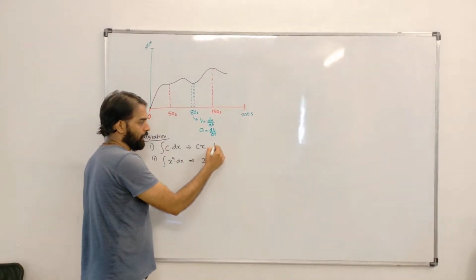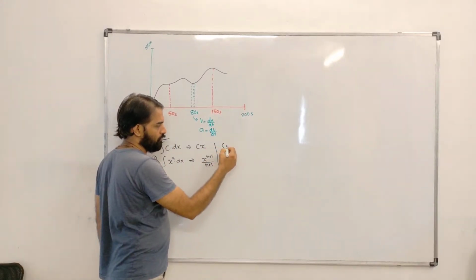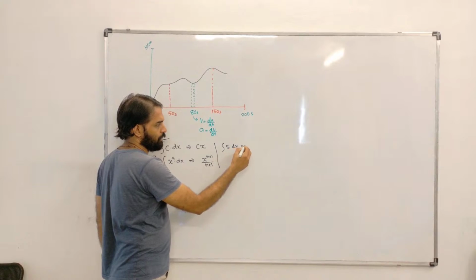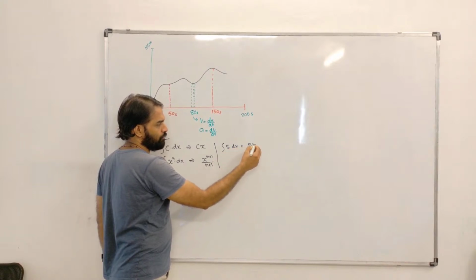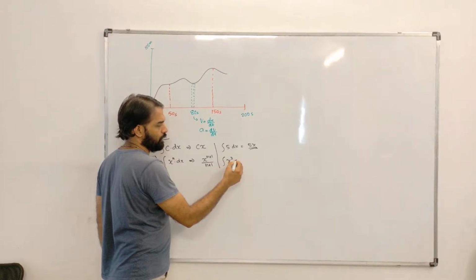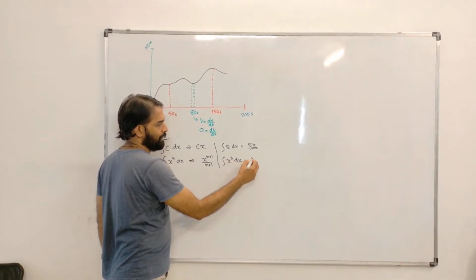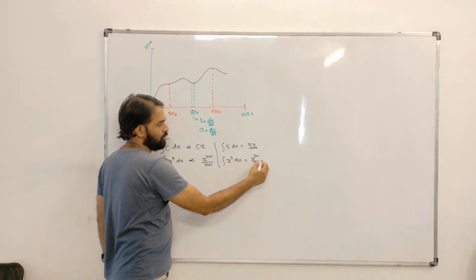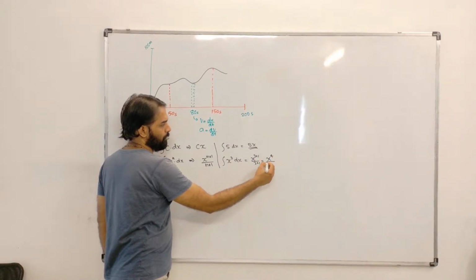For example, the integral of 5 dx will be equal to 5x. The integral of x raised to 3 dx will be x raised to 3 plus 1 divided by 3 plus 1, that is x raised to 4 by 4.